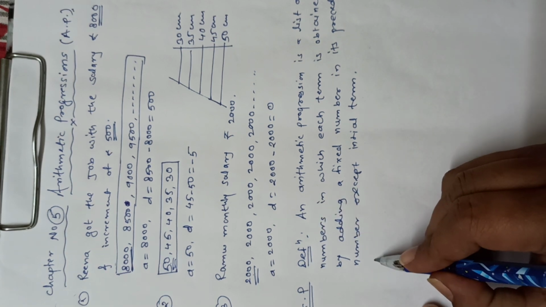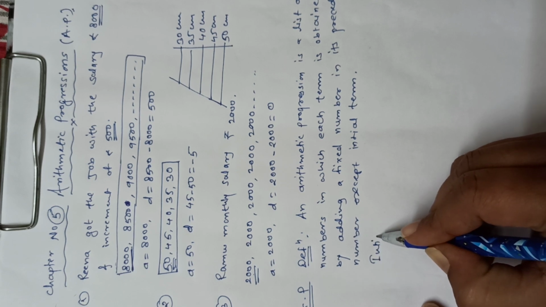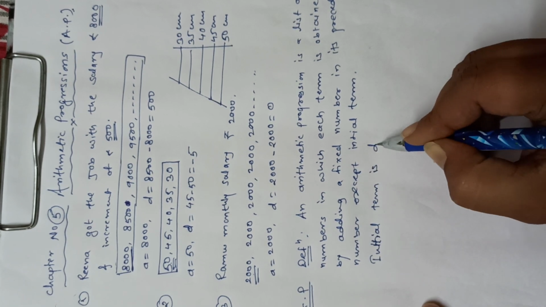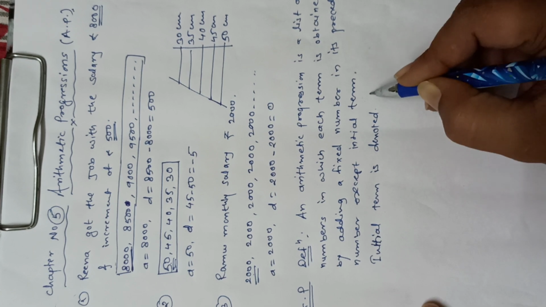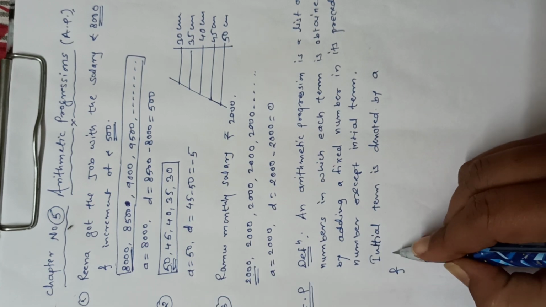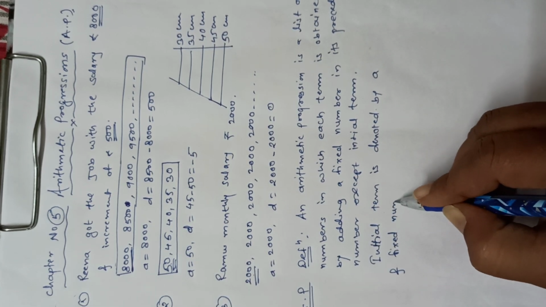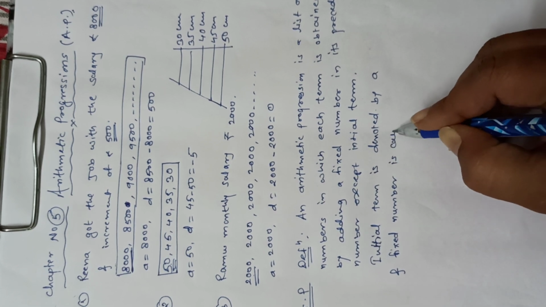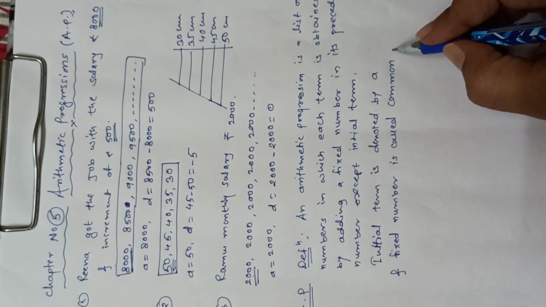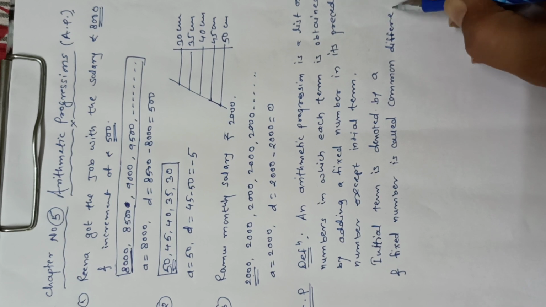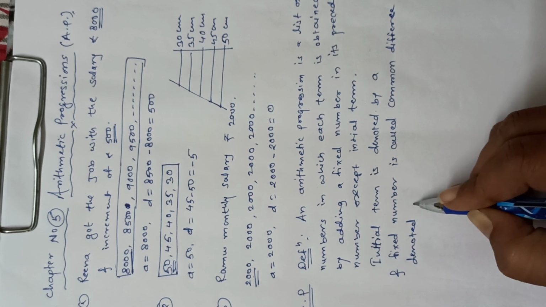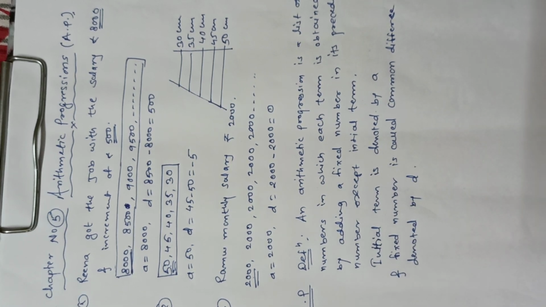So in an arithmetic progression, the initial term is denoted by A, and that fixed number is called the common difference, denoted by D. So how is D obtained?